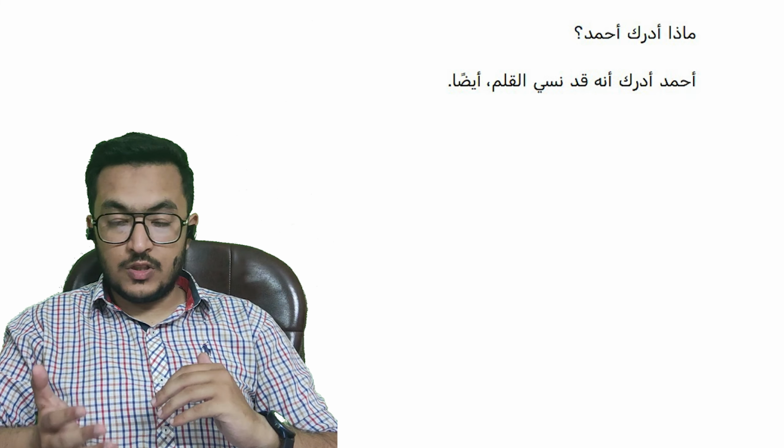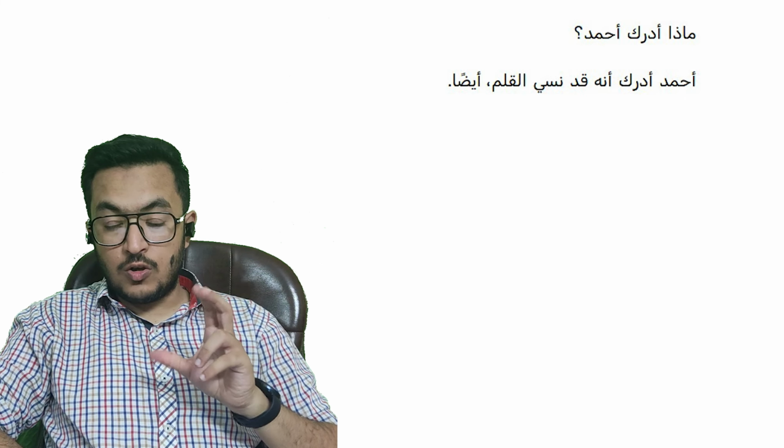Ahmed realized إنه قد نسي, that he had forgotten القلم أيضا, his pen also. So this was the whole lesson, in which we have learned new verbs, we have learned new nouns, and now we'll move towards the conjugation part, the verbs part of the lesson.